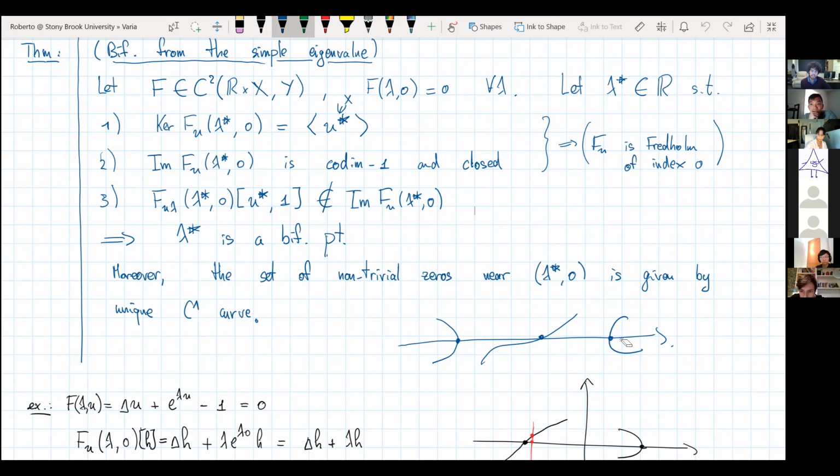I think the answer is no, because in finite dimensions it is the case, isn't it? This differentiation is not taking a derivative of a function. It's taking a derivative of a function between two Banach spaces.